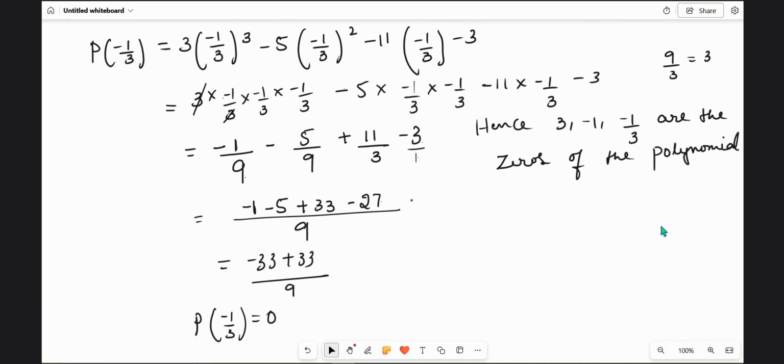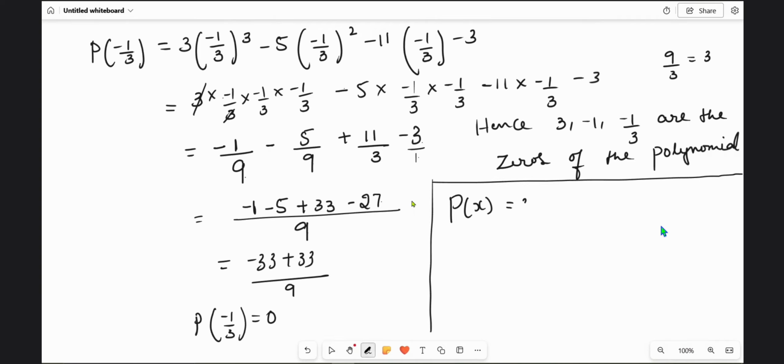Next, he is asking to verify the relationship between the zeros and the coefficients. The polynomial is P of x is equal to 3x cube minus 5x square minus 11x minus 3. Correct?